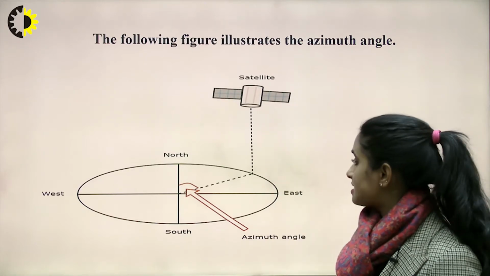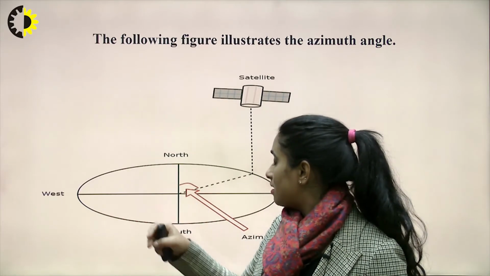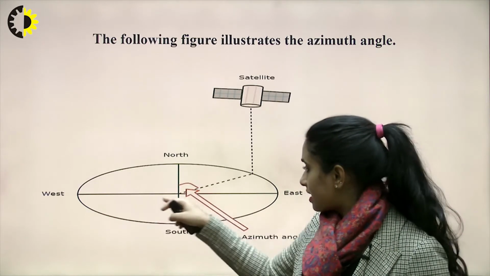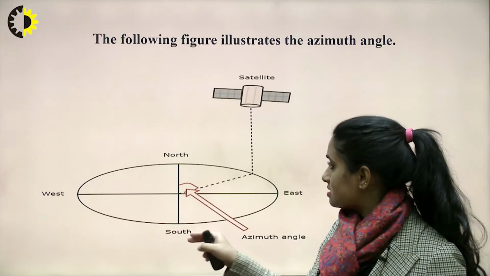If this is my satellite, in this direction I consider east to west and this north to south.